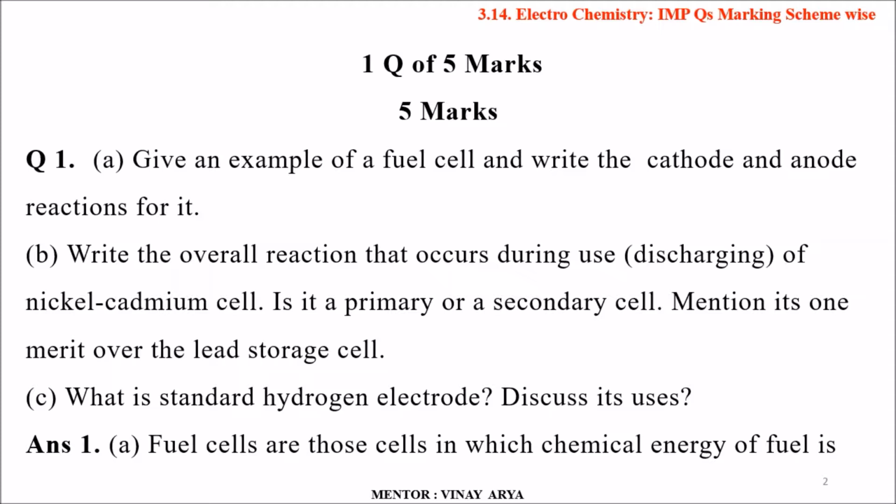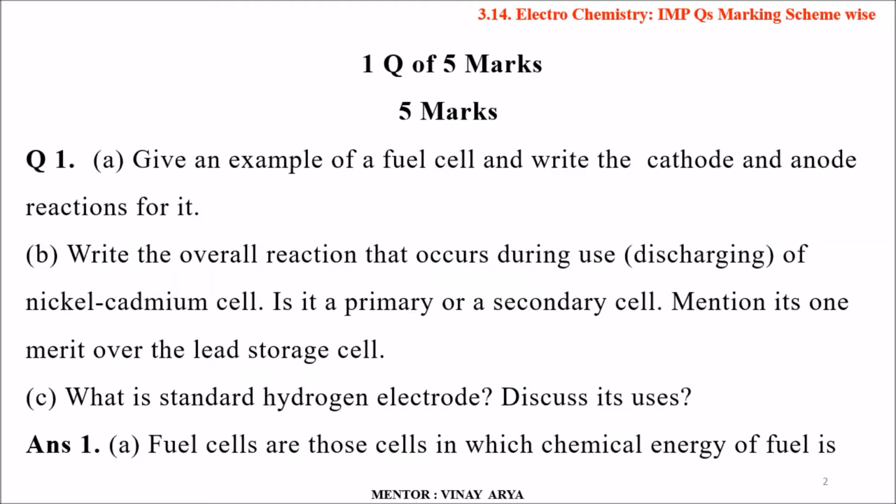Mention its one merit over the lead storage cell. And the third part is: what is the standard hydrogen electrode, and discuss its uses. As per the marking scheme, these questions carry 1.5 marks for the first one, 1.5 for the second, and the third one has 2 marks.